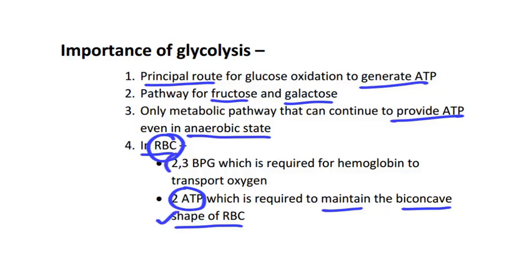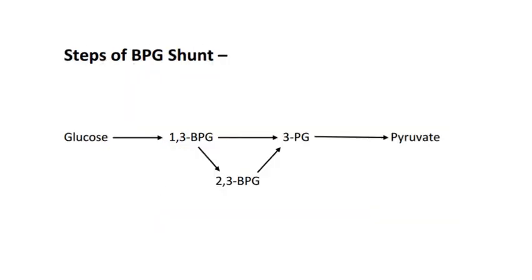In RBC, 2,3-BPG is produced by BPG shunt. This 2,3-bisphosphoglycerate is required for hemoglobin to transport oxygen. Here comes the BPG shunt, which takes place in RBC. Normally, glucose produces 1,3-bisphosphoglycerate, and this 1,3-bisphosphoglycerate produces 3-phosphoglycerate.